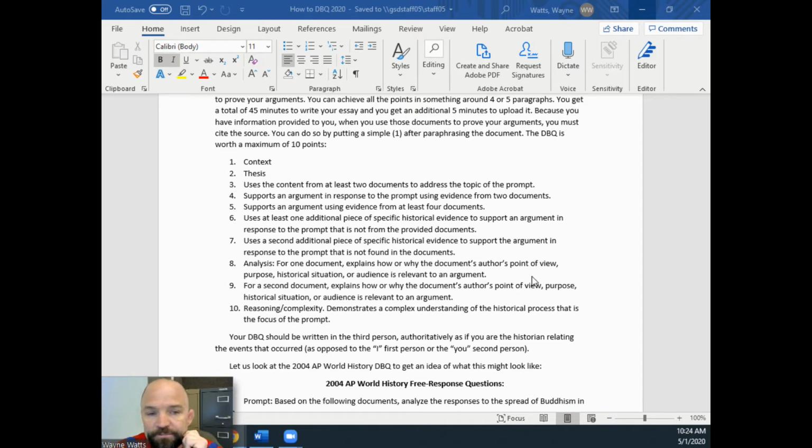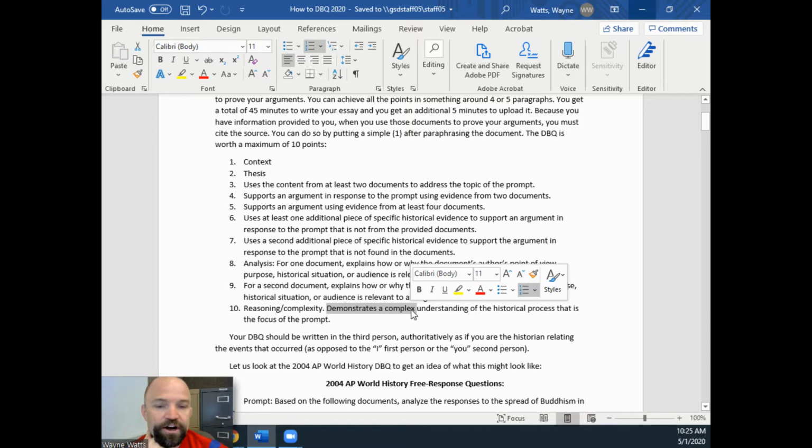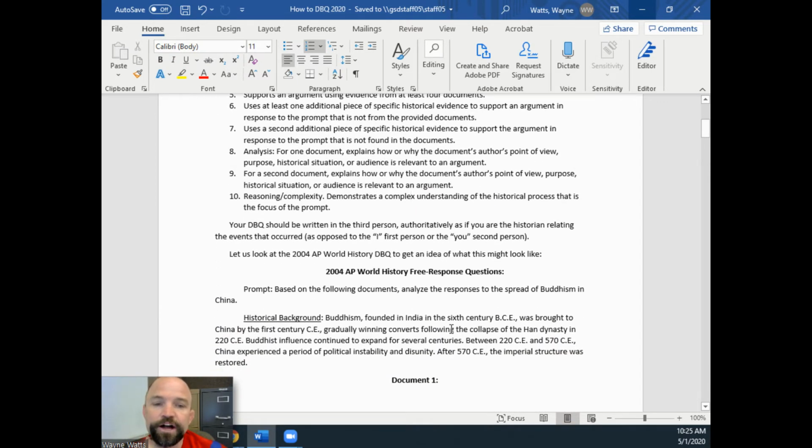Then you get a possible 2 points for analysis of the documents that explains how or why the author of the document's point of view, purpose, historical situation, or intended audience is relevant to your argument. And then there's the last point, the reasoning or complexity point, that demonstrates a complex understanding of the historical process that is the focus of the prompt.